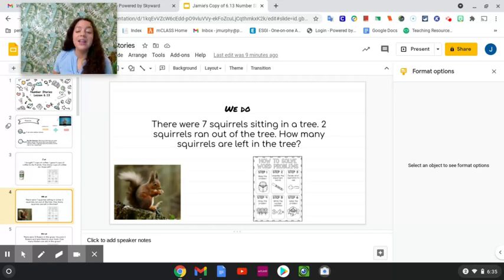Good. So step 4 says we have to draw a picture. How many squirrels should we start drawing? Yeah, 7. Draw 7 squirrels on your paper. Just like yesterday, this can be a quick draw.